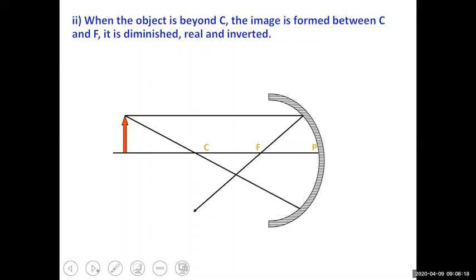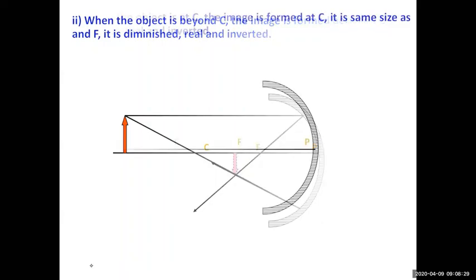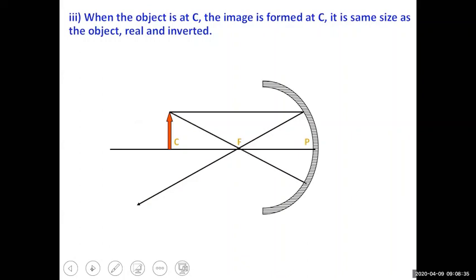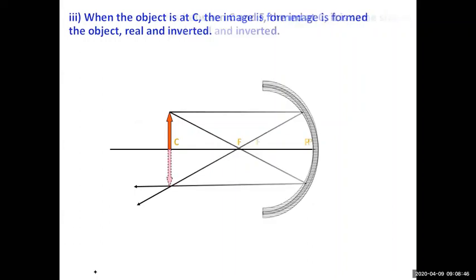Okay, and you're getting the image here. Okay, now next one. Next one is again, you can see at C. So it will be of same size. Okay, and you're getting it at C only.